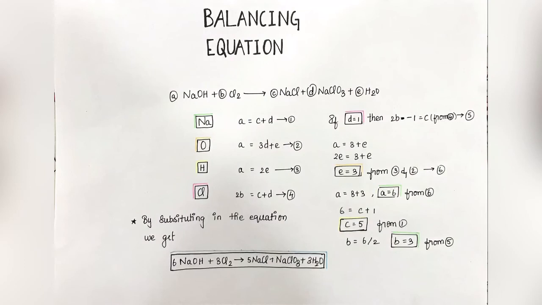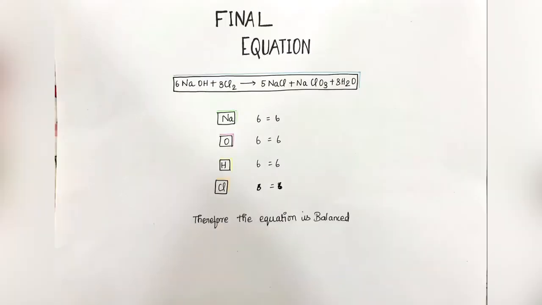So we have to substitute the molar coefficients in the equation. And finally, after substituting the molar coefficients, we get the equation to be 6 NaOH plus 3 Cl2 gives 5 NaCl plus NaClO3 plus 3 H2O.